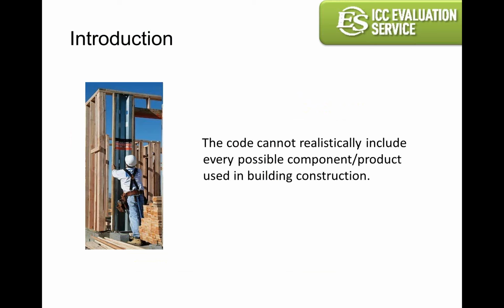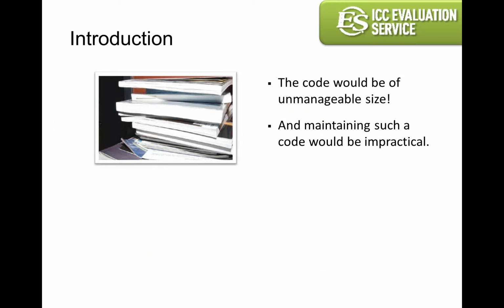If we had to include every product within the code, it would just be volumes and volumes that we'd have to be concerned with. It's hard enough as it is to keep up with what's in there. So this is a way that a product can come to market a little quicker, and also be a little more efficient.